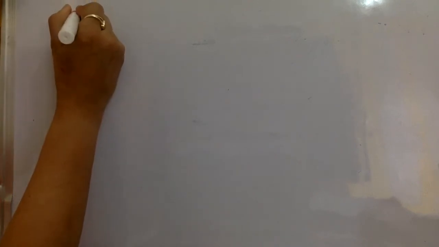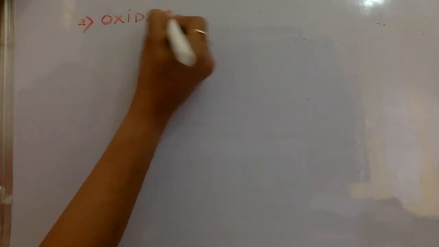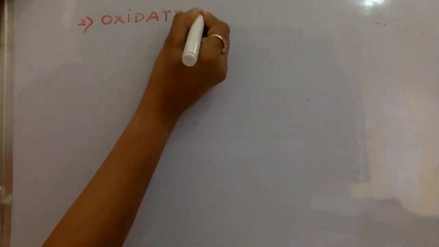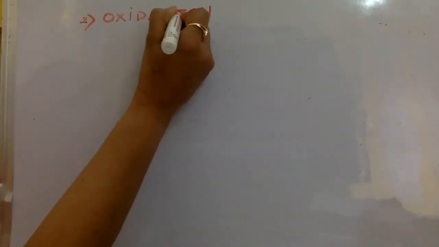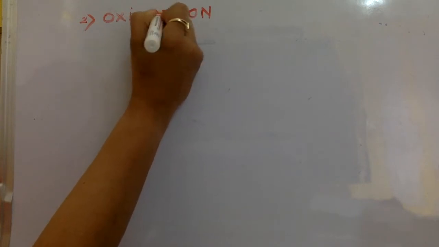So the second property is oxidation. Oxidation of chloroform. Okay, students, oxidation.